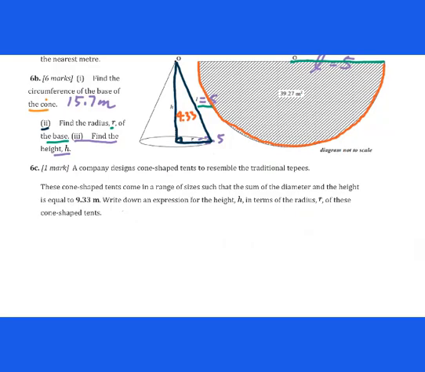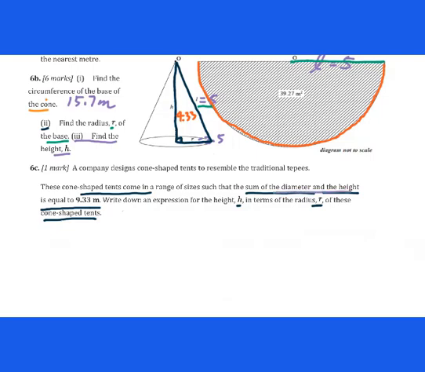A company designs cone-shaped tents to resemble the traditional teepees. These cone-shaped tents come in a range of sizes such that the sum of the diameter and the height equals 9.33 meters. Write down an expression for the height h in terms of the radius r of these cone-shaped tents.